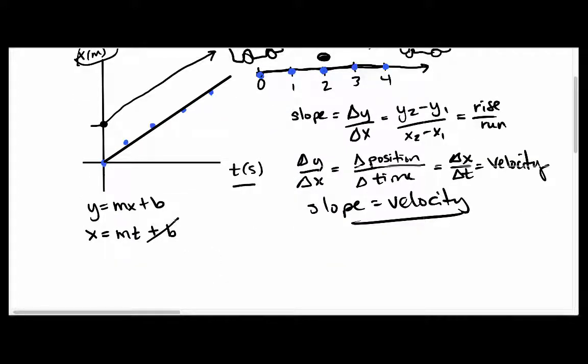So in the first example, we didn't have a y-intercept, so x was going to be equal to m, the slope, which was the speed or velocity, times the time, plus 0, so that goes away. And so x is equal to vt. Or if you arrange that, v is equal to x over t.